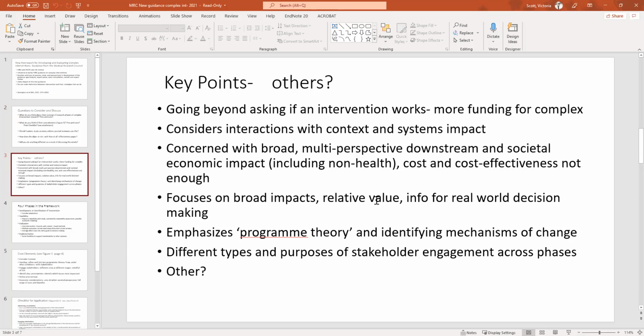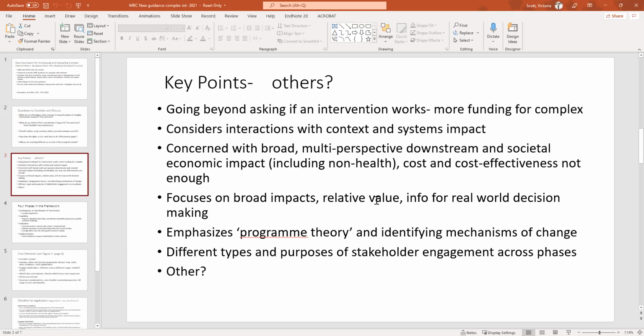Rather than answering what they talk about, what we call traditional efficacy research, as being the ultimate type of evidence, they talk about switching that and going beyond asking if an intervention works to more understanding these more complex systems issues with the information for a decision maker as being the ultimate priority and the focus here.